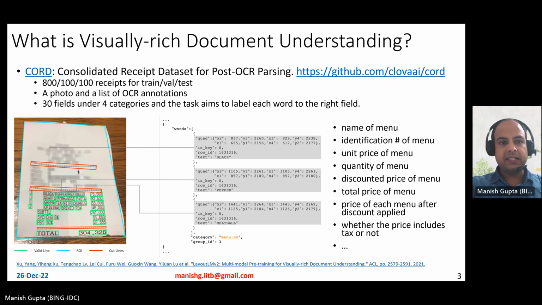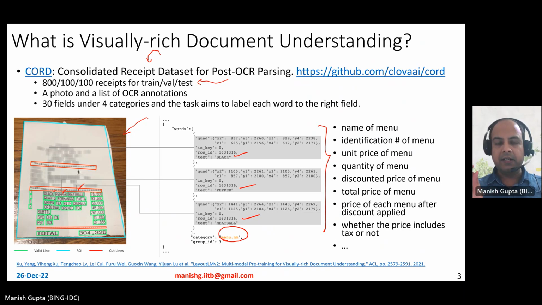For example, there's this dataset called the consolidated receipt dataset for post-OCR parsing. This dataset contains 1,000 such receipts, as you see here. Each receipt comes with a photo and a list of OCR annotations, optical character recognition based annotations. For example, black pepper meatball is recognized here with its rectangular box. And you also have one of 30 categories marked with each of those boxes, each of those entities that have been labeled by OCR.